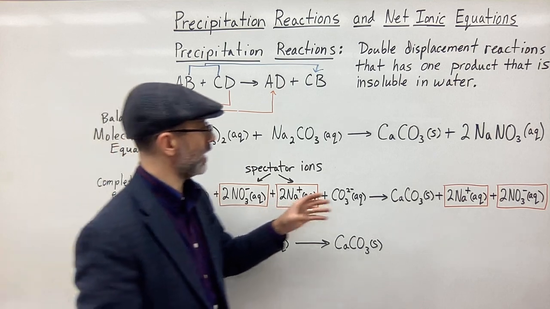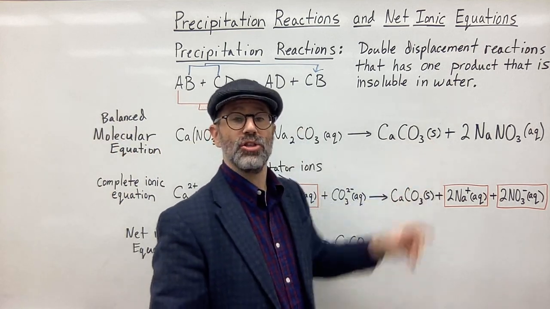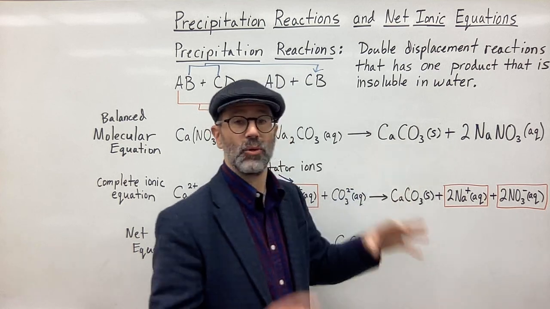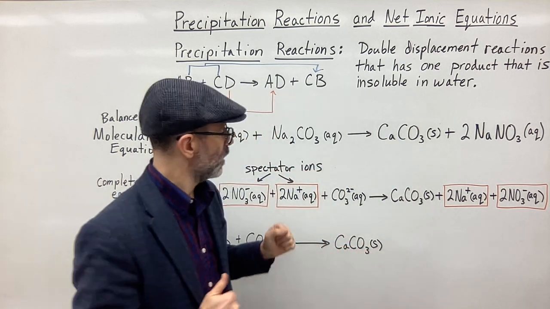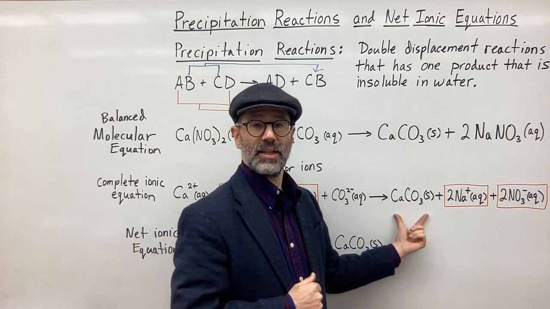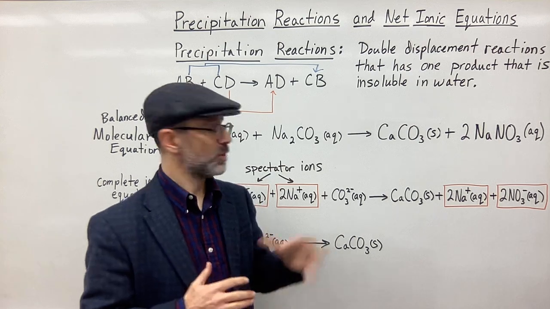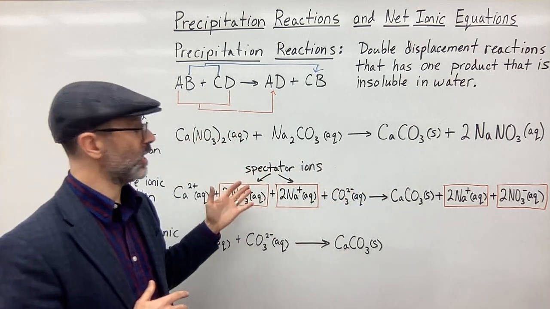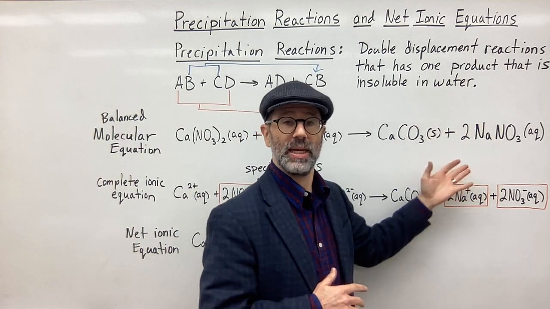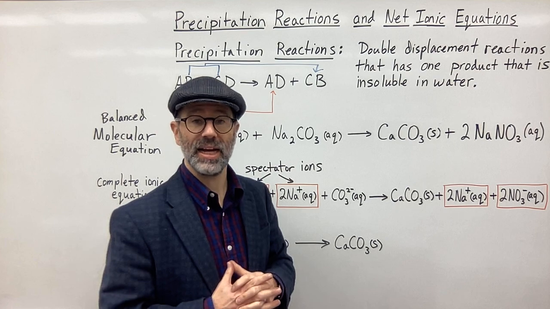What about the product side? So you'll see here that this is a solid. So the calcium and the carbonate really is together in solution, just like we saw in the picture. So we're going to keep that together. Anytime you have a solid or a liquid that's produced, or in the reactants, we don't separate those in the complete ionic equation.